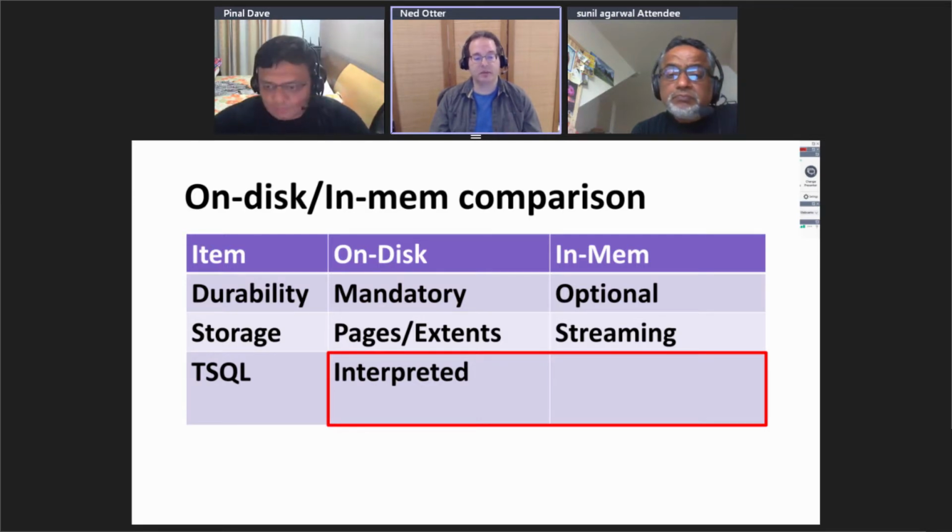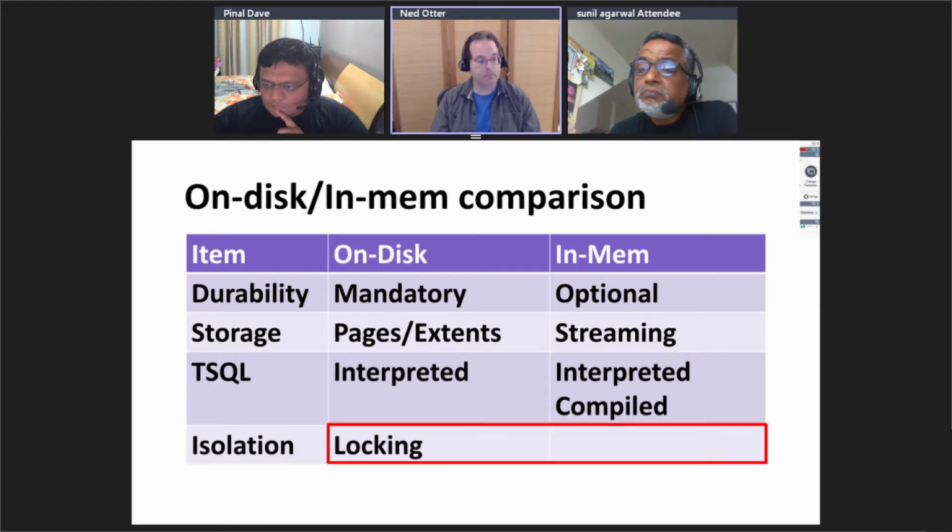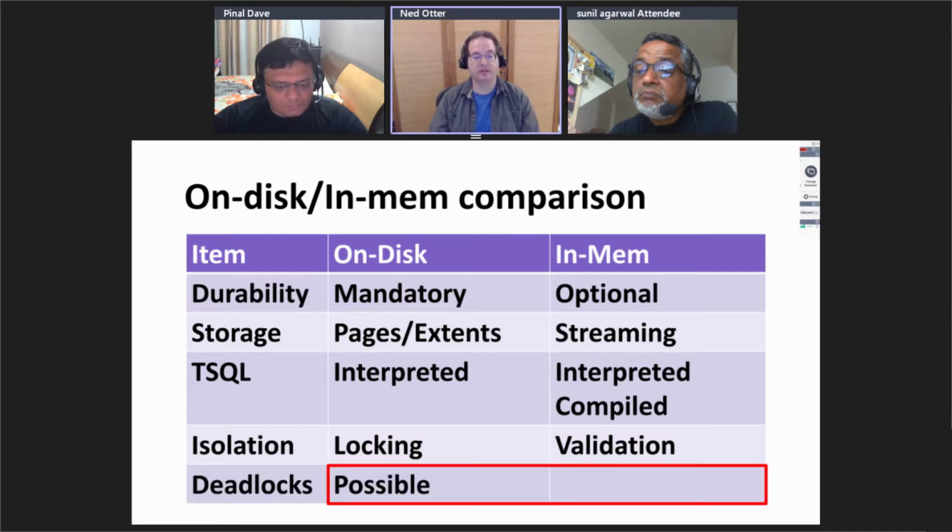T-SQL for on-disk tables is always interpreted, but can be either interpreted or compiled for memory optimized tables. Isolation is enforced through locking for on-disk tables, but is enforced through validation for memory optimized tables. Deadlocks are possible because they're a byproduct of locking for on-disk tables, but they are not possible for memory optimized tables because there's no locking, which is one of the reasons you're interested in in-memory. There's no locking.